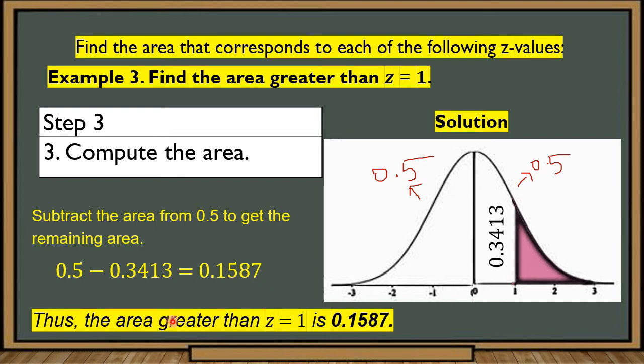So, the area greater than z equals 1 is 1,587/10,000. This area here is 1,587/10,000. If we add the two, 1,587/10,000 and 3,413/10,000, it is equal to 0.5 or 5/10, which is the whole half of the normal curve. So, again, this region is this. This is its width.